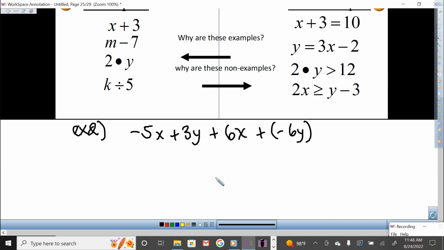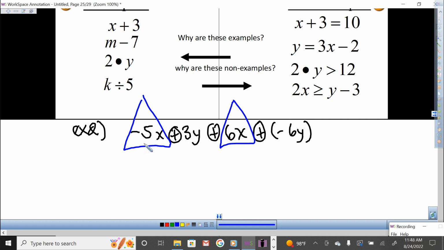So, let's go through the process to make sure we got it. What is the first thing we check? Addition throughout. Do we have addition? Yes, yes, yes. Second thing we check, are there any zero pairs? Let's see. Is this a zero pair with that? No. But can we combine it? Negative 5x and positive 6x. Can we combine those?